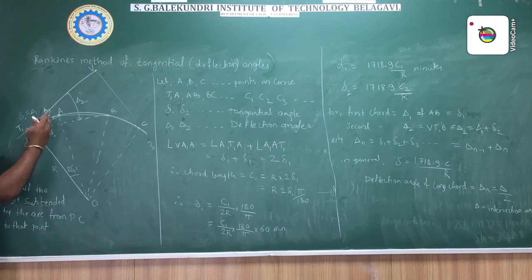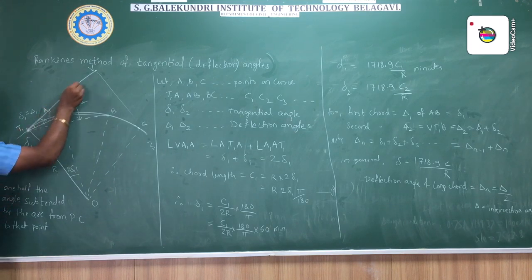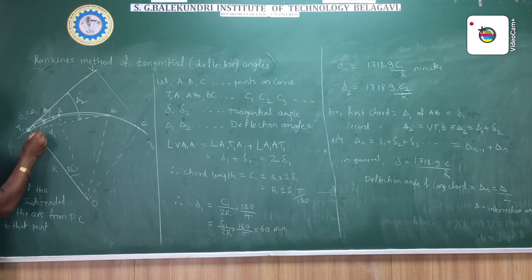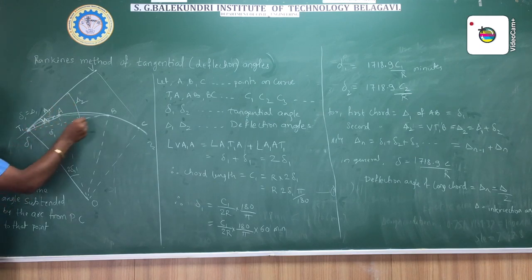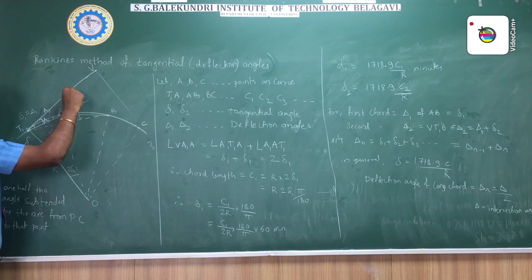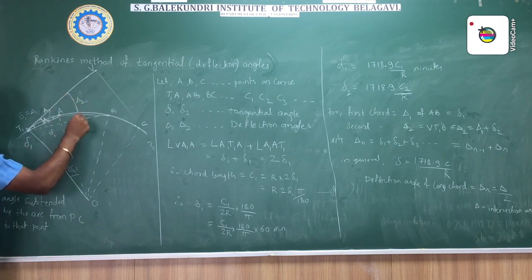When moving to the second point, we consider delta 2. See here, the chord T1A with respect to the tangent is considered as delta 1, the deflection angle. Next, T1B with respect to the tangent line is considered as delta 2.